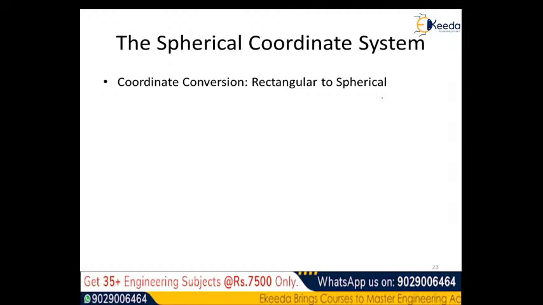We expect that we know the values of x, y, z, and we try to determine the values of r, theta and phi. As we shall see here, r is the hypotenuse of the right angle triangle we had discussed. The two side edges are z and rho.